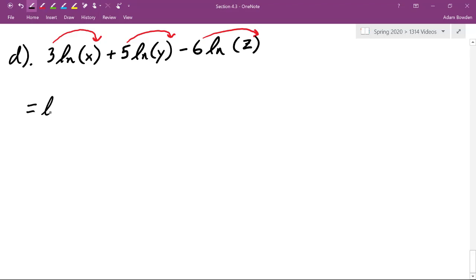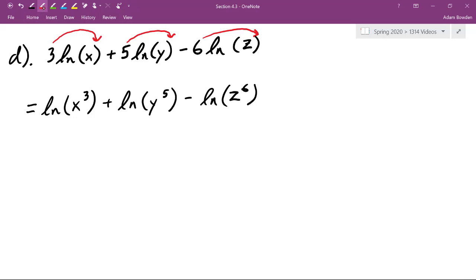So that would change it into ln x to the third plus ln y to the fifth minus ln z to the sixth.